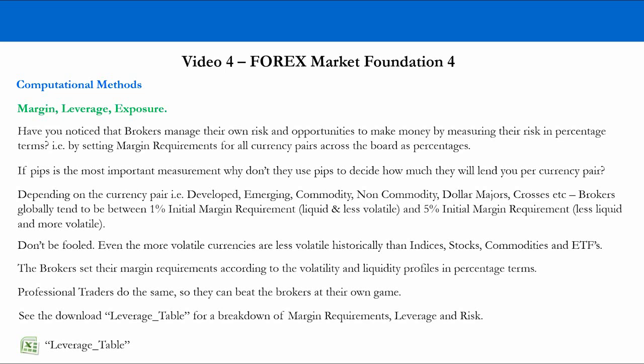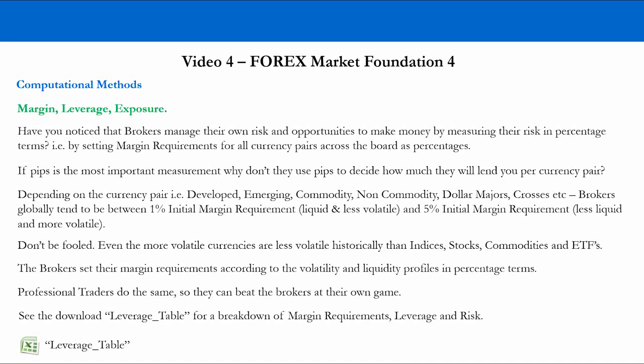Don't be fooled. Even the more volatile currencies across the Forex spectrum, so the more exotic volatile currencies, are actually less volatile historically than indices, stocks, commodities, and ETFs. The brokers themselves set margin requirements according to the volatility and liquidity profiles of these assets in percentage terms, and professional traders do the same.